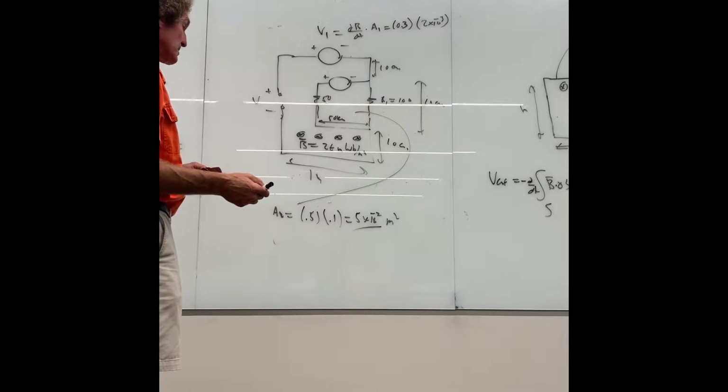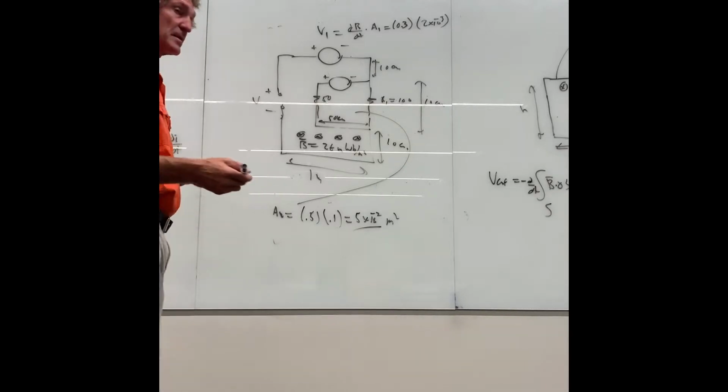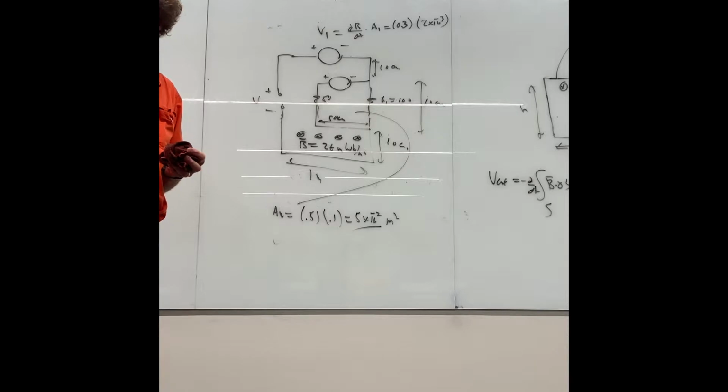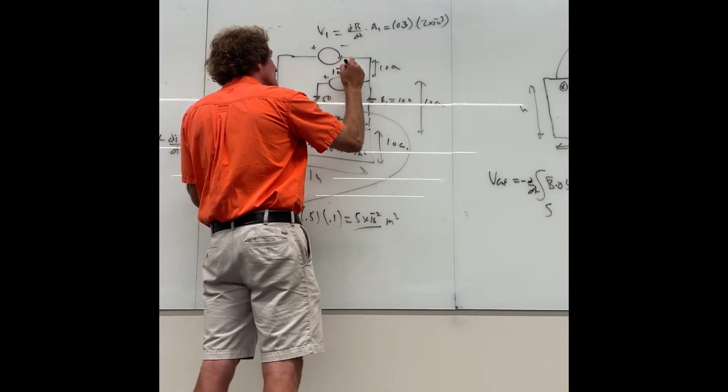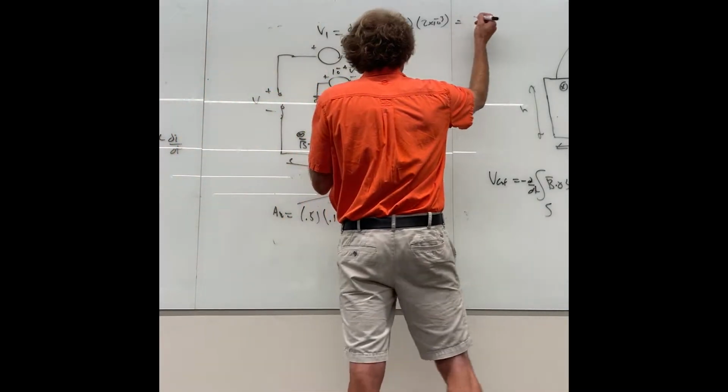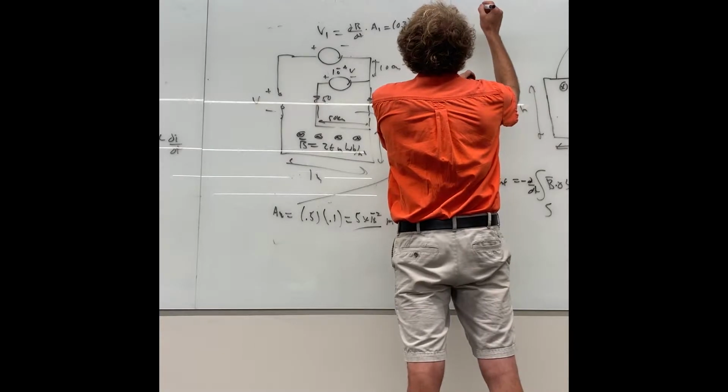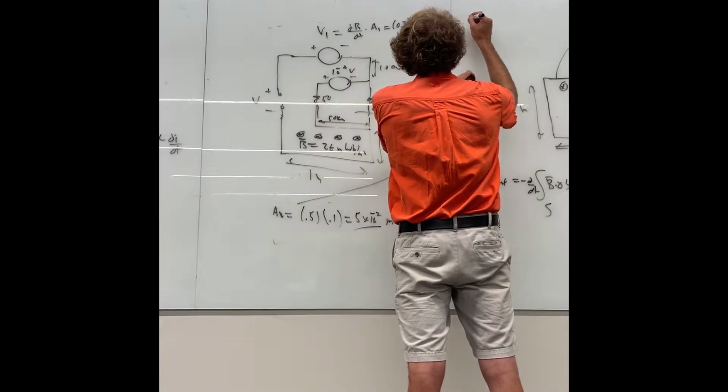That's 10 to the minus 5, right? So it's 10 to the minus 4th, is that what you got? 10 to the minus 4th? So this voltage here is 10 to the minus 4th volts, and this voltage is what? It's going to be 6 times 10 to the minus 4th, isn't it?